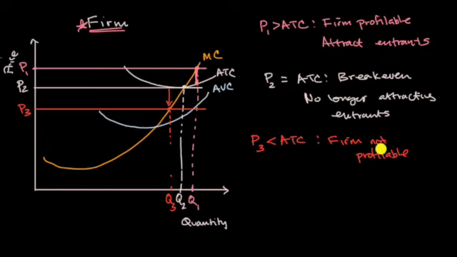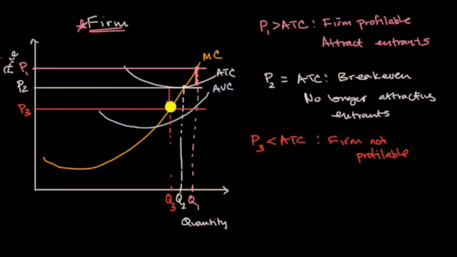Now you might say, well, what is this firm likely to do? Would it just shut down? Well, in the short run, it would not make sense for this firm to shut down because the price that it's getting is still higher than its average variable cost. In the short run, the fixed costs, they've already been spent. So you might as well get as much incremental profit on the margin as you can.